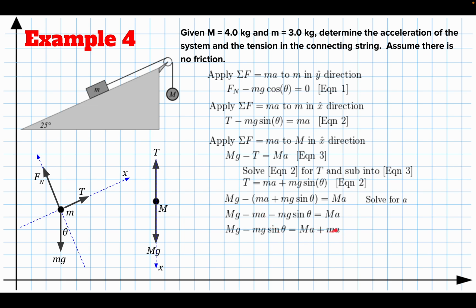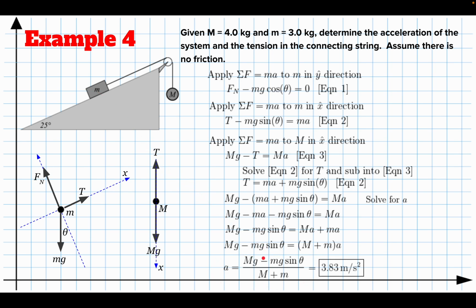It'll become positive. I can now factor a out of this expression, and then I can divide both sides by the sum of the masses, and I get that the acceleration of this system is M, the hanging mass, times g, minus mg sine theta, all divided by the sum of the masses. So there is an algebraic expression.